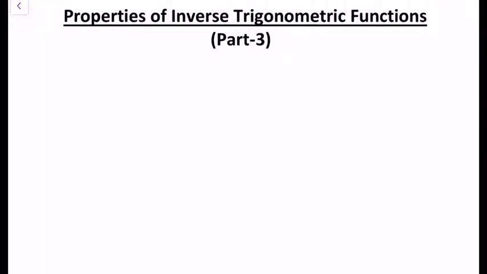Hello guys, today in our third part of properties of inverse trigonometric functions, we will be proving three more similar properties. So our first property in this part is cos inverse minus x is equal to pi minus cos inverse x.